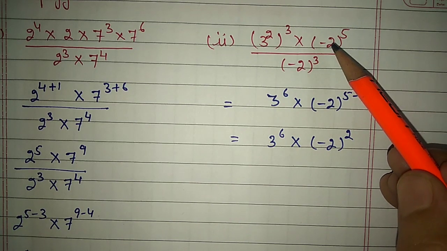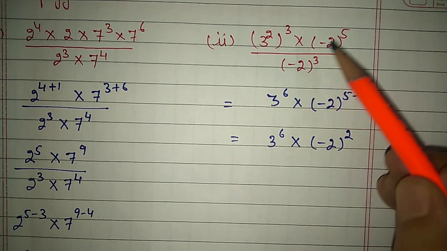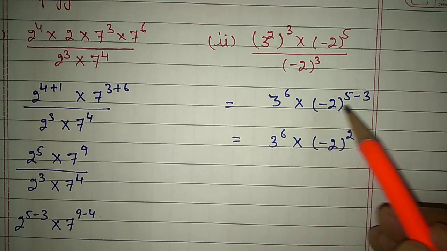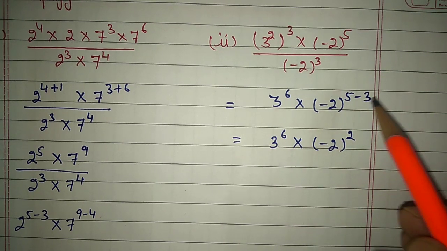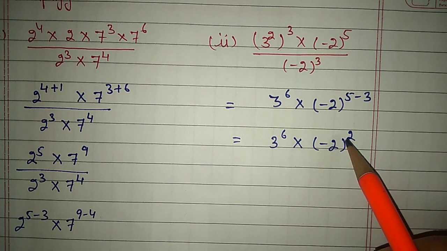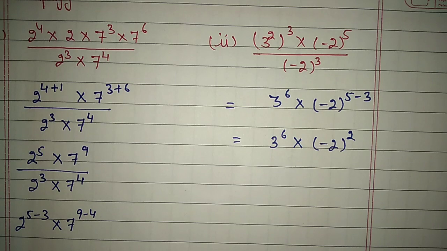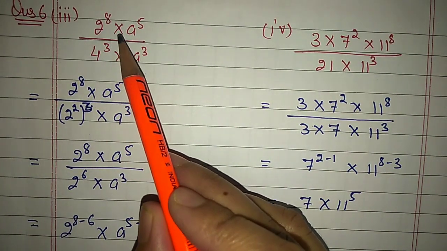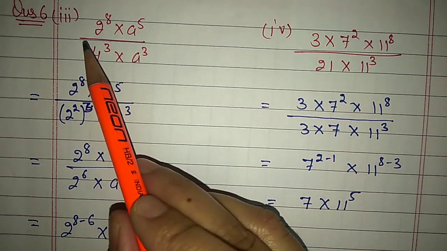Now this minus 2 and this minus 2 are both in division. Division means we subtract the powers, so minus 2 to the power 5 minus 3. 3 to the power 6 multiplied by minus 2 to the power 2. This is our answer.